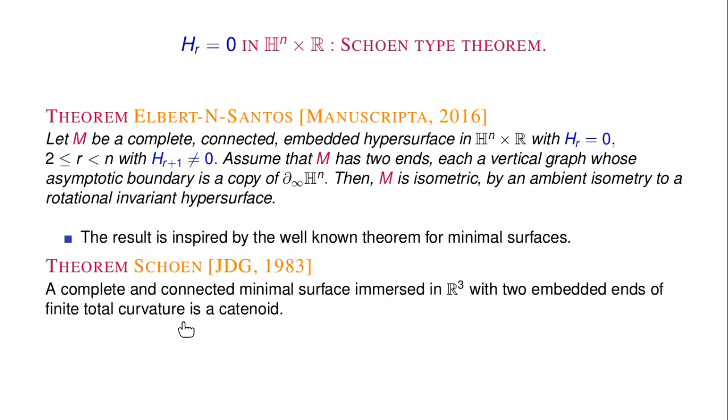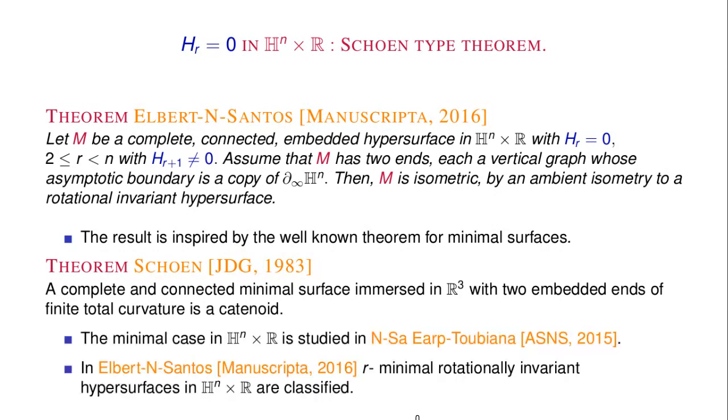So in some sense, in this case, we assume regular ends in order to get the same results. The minimal case was already studied by myself, Arp, and Tubiana before. And here in this paper with Albert and Santos, we also had to classify the R minimal rotationally invariant hypersurfaces, because they were not classified before.